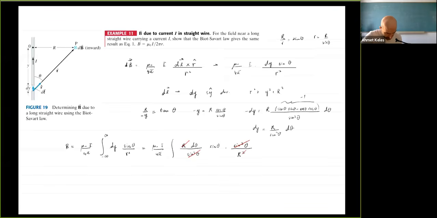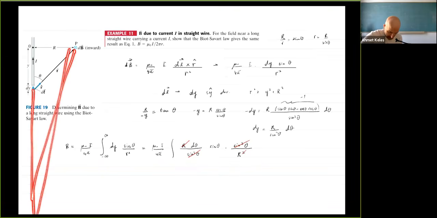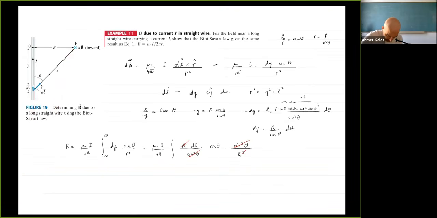As y goes from minus infinity to plus infinity, my theta goes from, okay, if you take this point all the way to here, you can see this angle getting smaller and smaller, so it should be from 0. And if you are all the way there, it's going to be what?